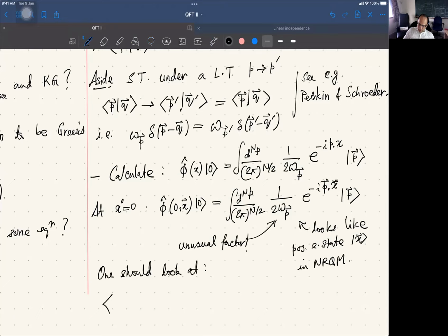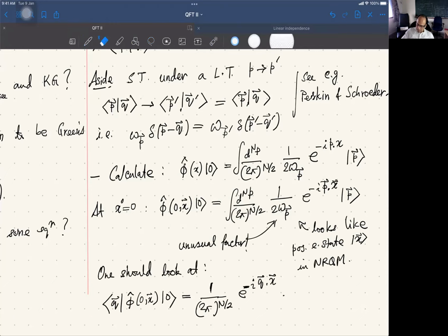One should look at the inner product with a momentum state, q with phi 0 x 0, and that is 1 over 2 pi to the n by 2, e to the power minus i q dot x, which is what we know already. I mean, which is what is expected.